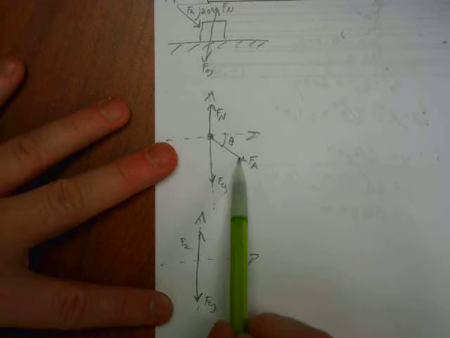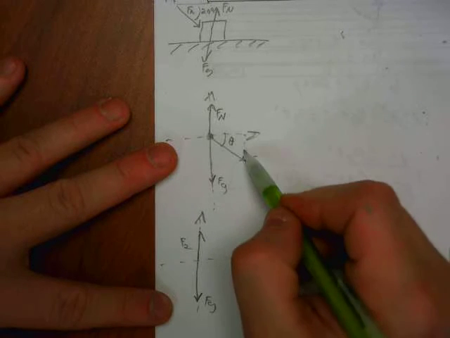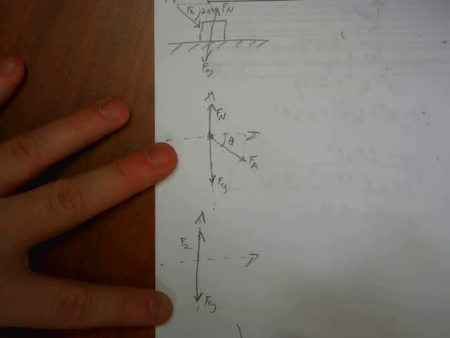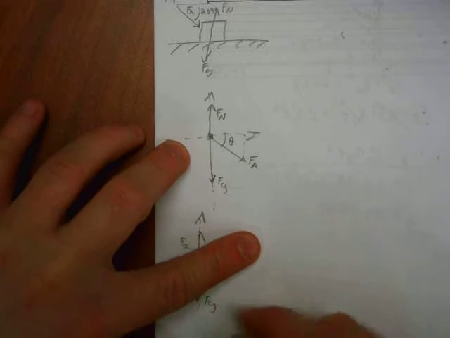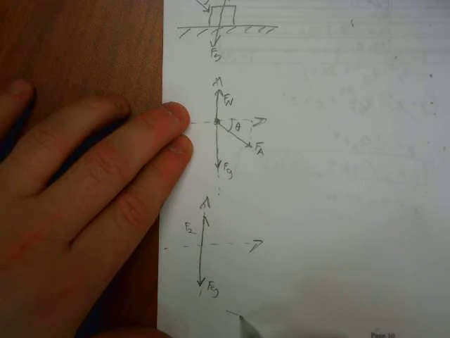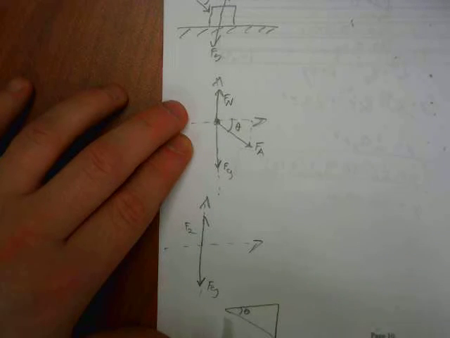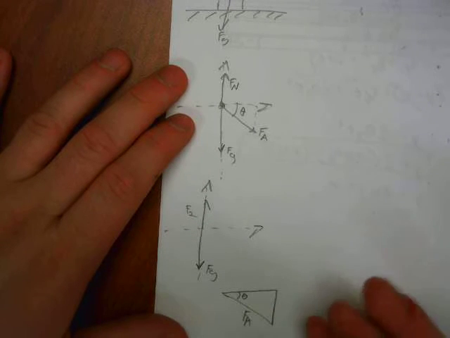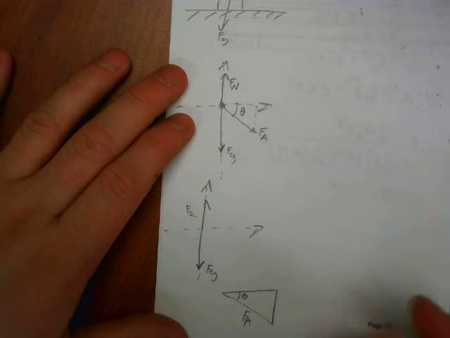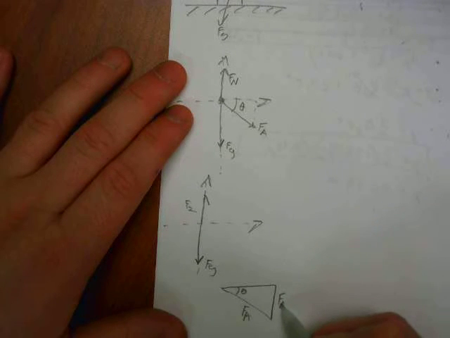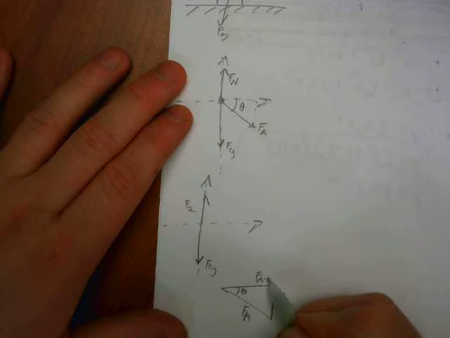Now I have to break this down into its parallel and perpendicular components. Remember that the overall force is always the hypotenuse, and you're breaking that down into perpendicular and parallel components. So this is FAY and FAX.